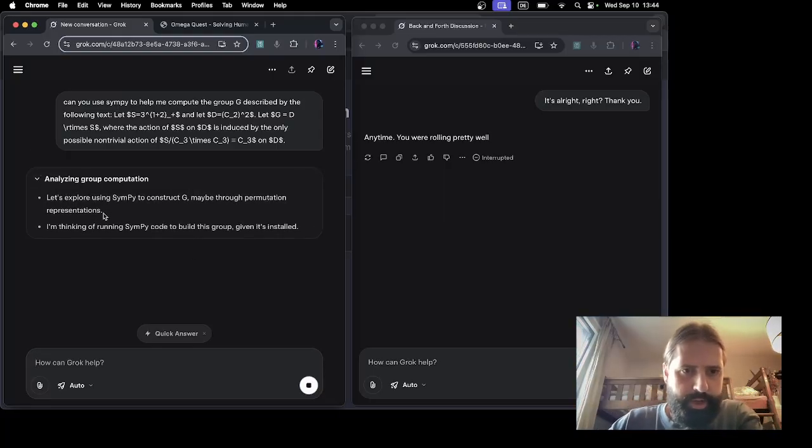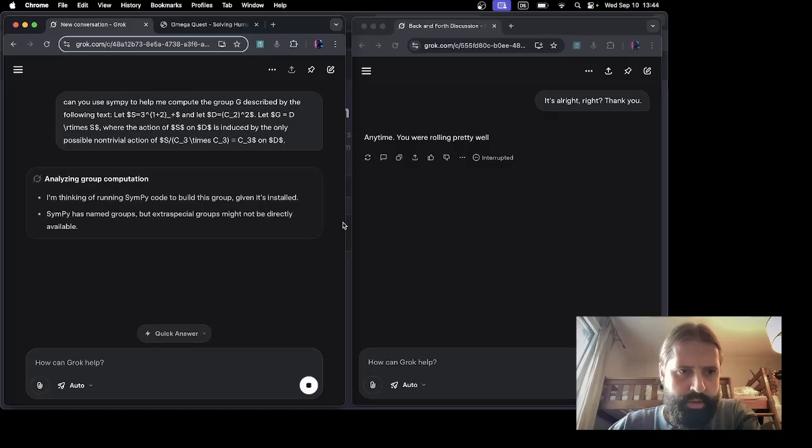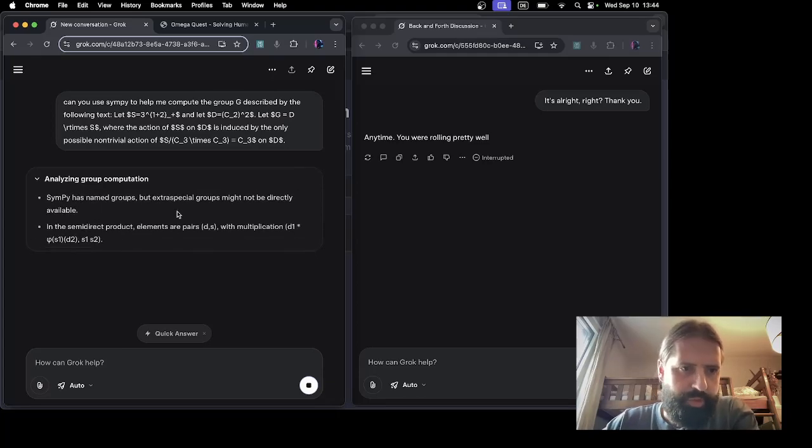G's order is 108, yeah. I didn't want to use anything more specialized like GAP or something. It didn't seem to know much about it.